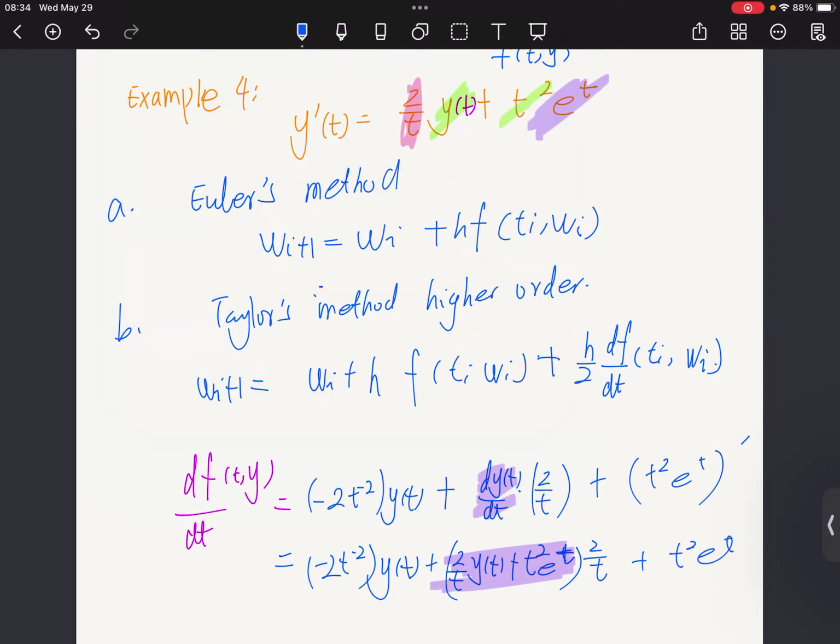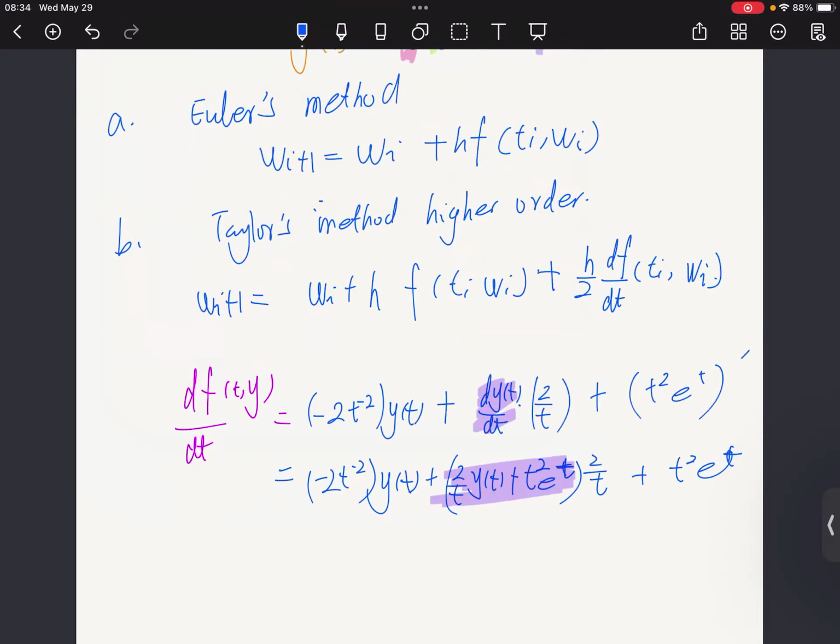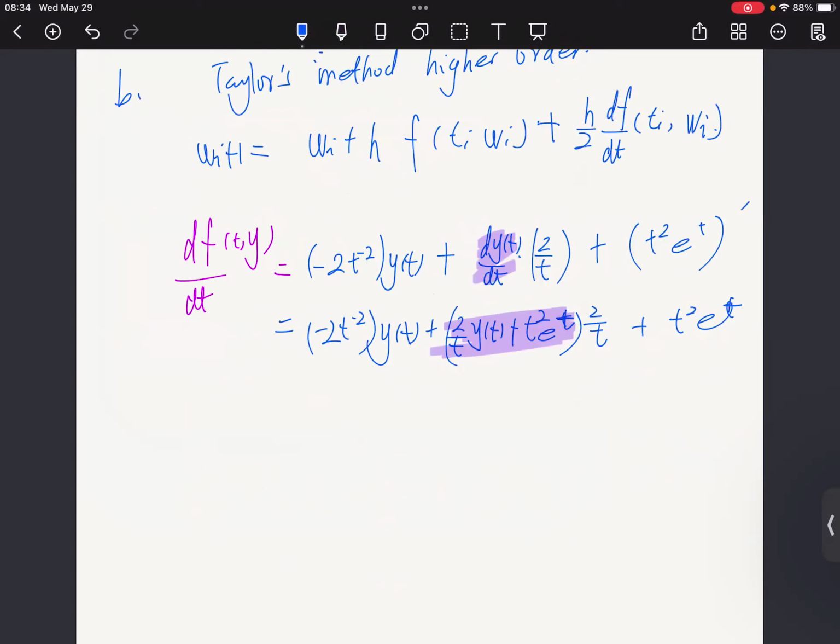And I saw some common mistakes here. The common mistake is that people could get this wrong. They just calculate the derivative of the first part, and then they treat the y function as a constant, and then write it in this way.